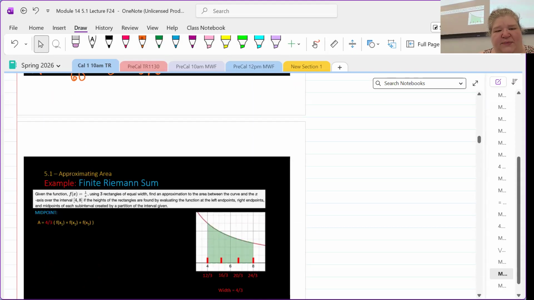Now, another approximation we can do is the midpoint between each of those numbers, which involves calculating other function values to represent them.